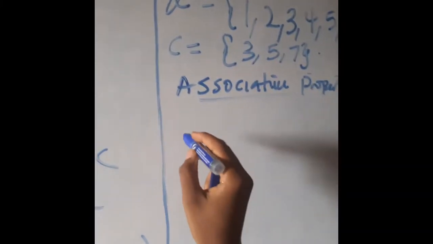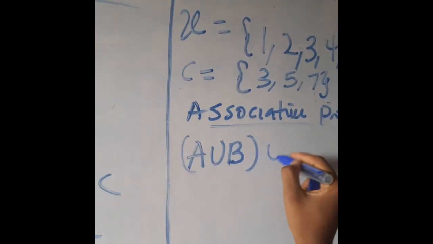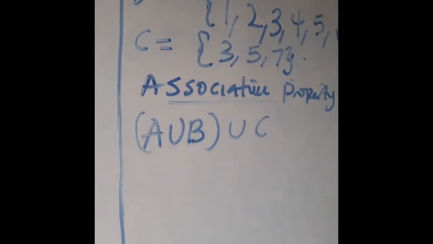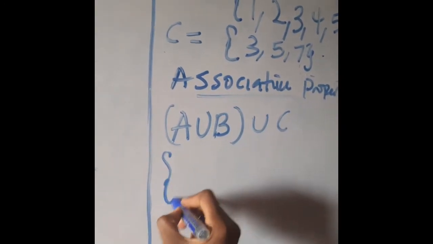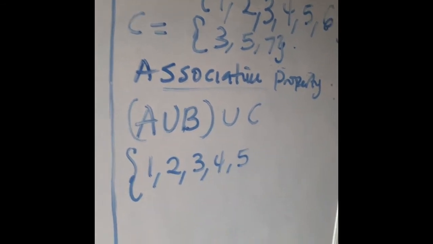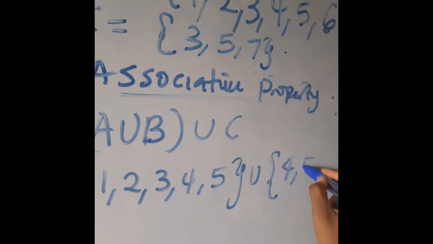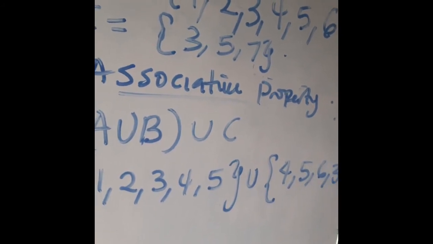So I'm writing for A union B union C. A is 1, 2, 3, 4, 5, union B, which is 4, 5, 6, and 3.